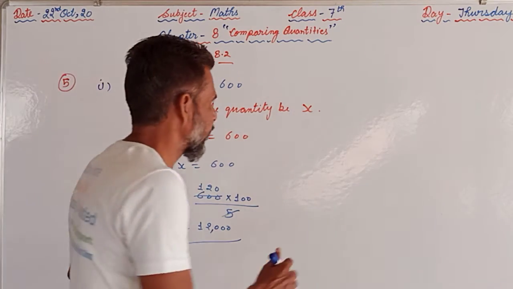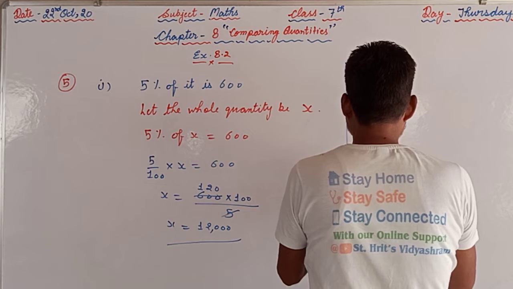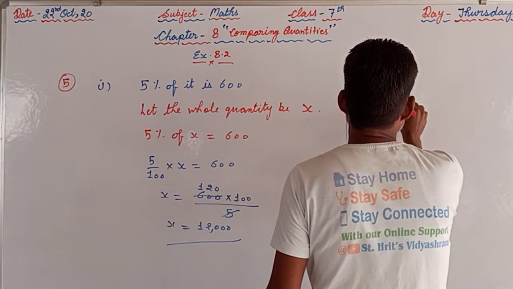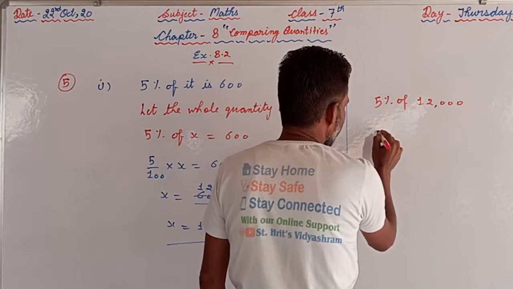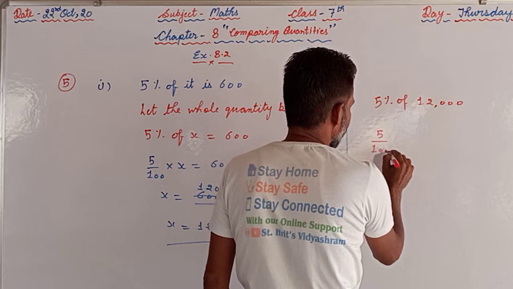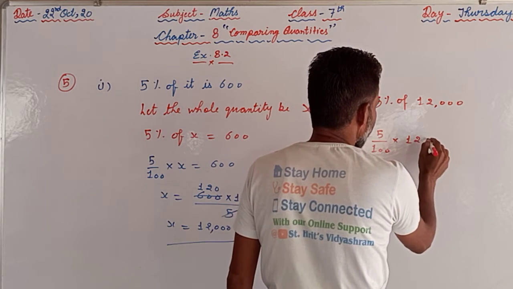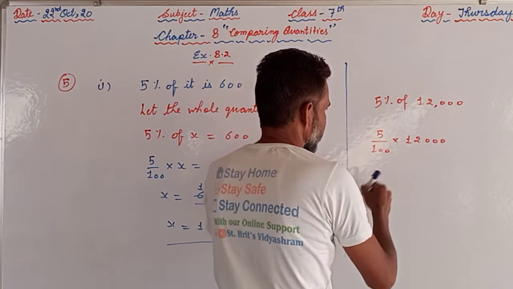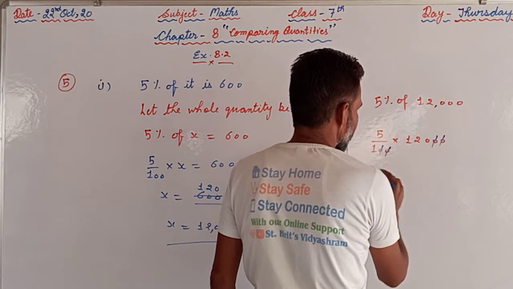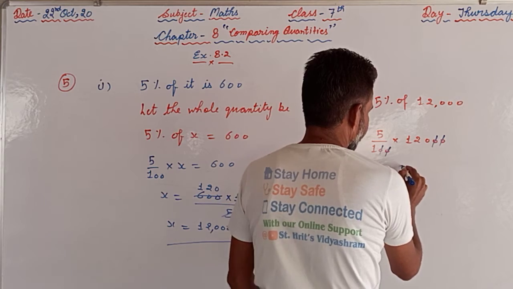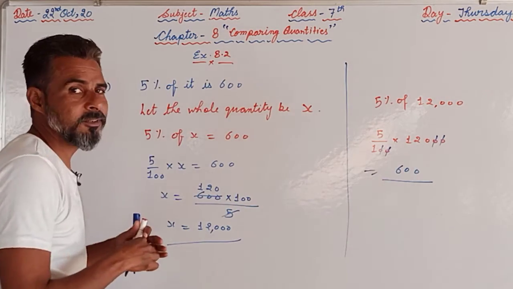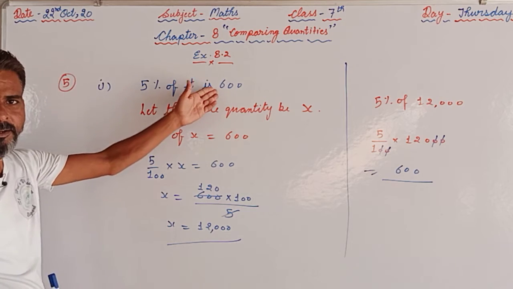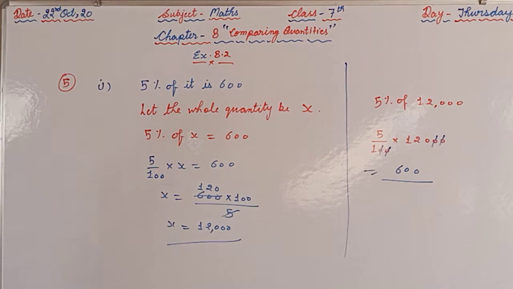We can verify. 5% means 5 upon 100, of means multiply 12,000. So 2 0 cancel out, 12 5 is 60, 0, 600, means 5% of 12,000 is 600, and that is right. So like this we can do.